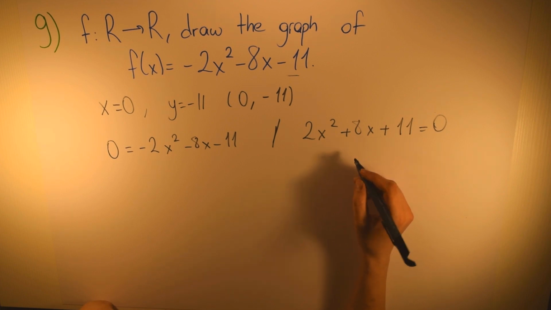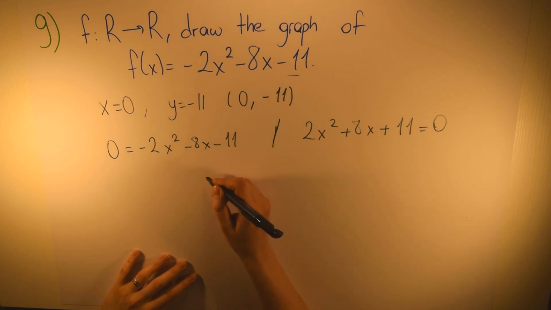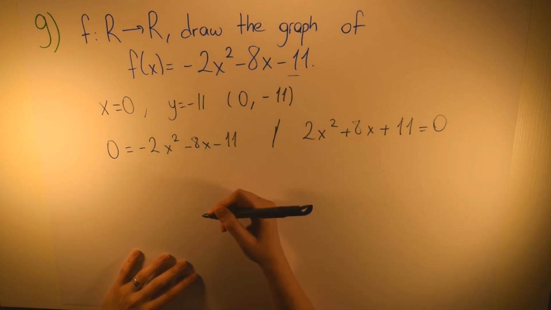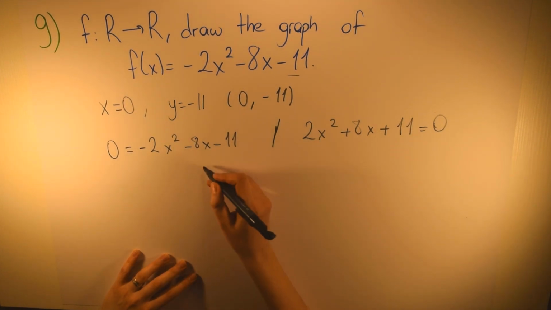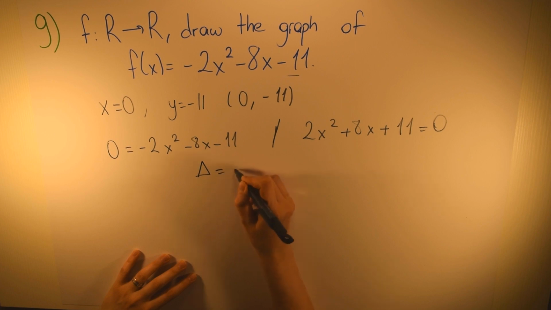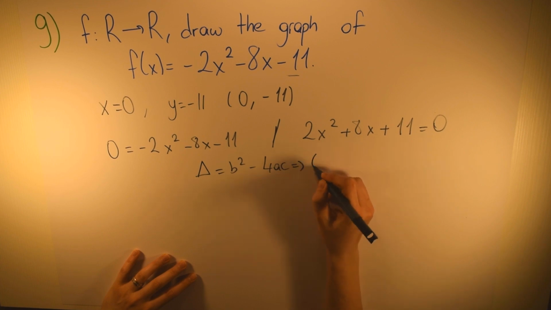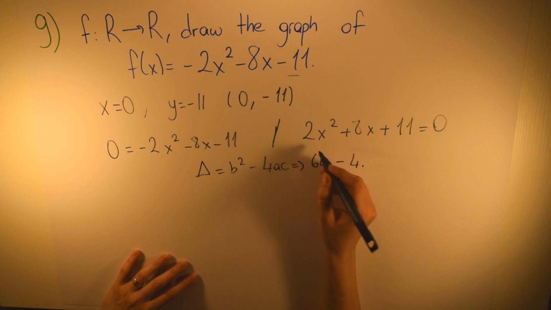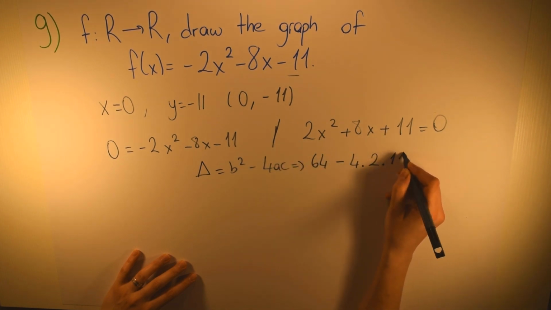So let's try to find the discriminant of this quadratic equation. Let's see if we have real solutions. If yes, how many we have, or if we don't have any real solutions. Let's see that. So discriminant is equal to b squared minus 4ac, right? So here b is equal to 8, so it's 64 minus 4 times a is equal to 2 times c is equal to 11.